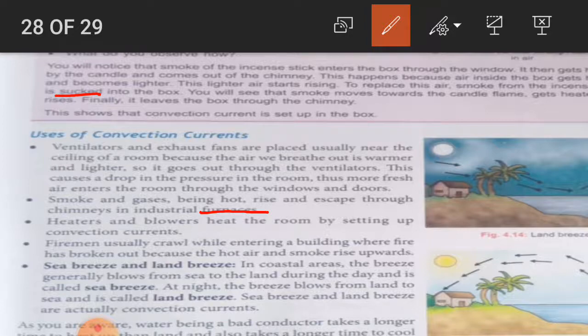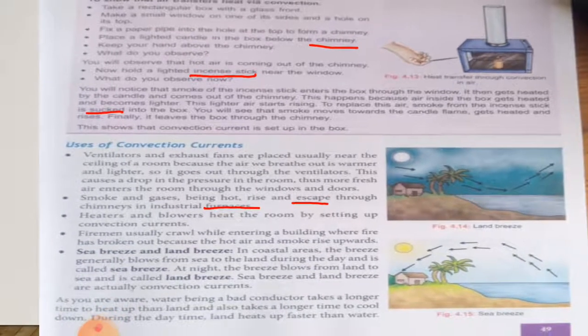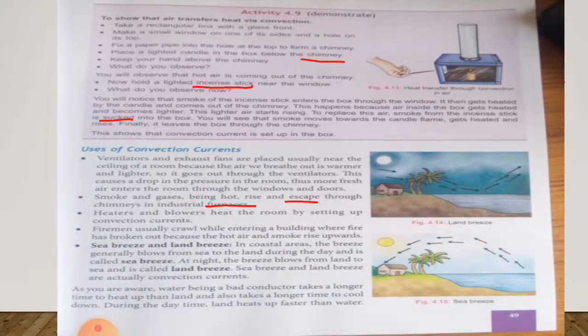And escape means exit or come out. So smoke and gases being hot rise and come out through chimneys in industrial furnaces.